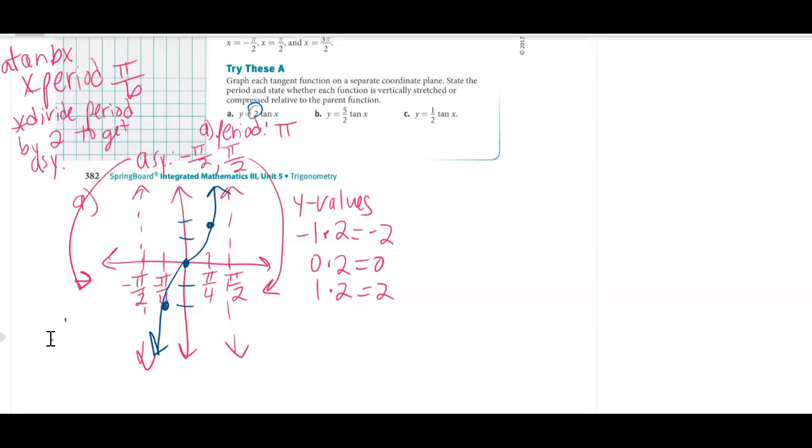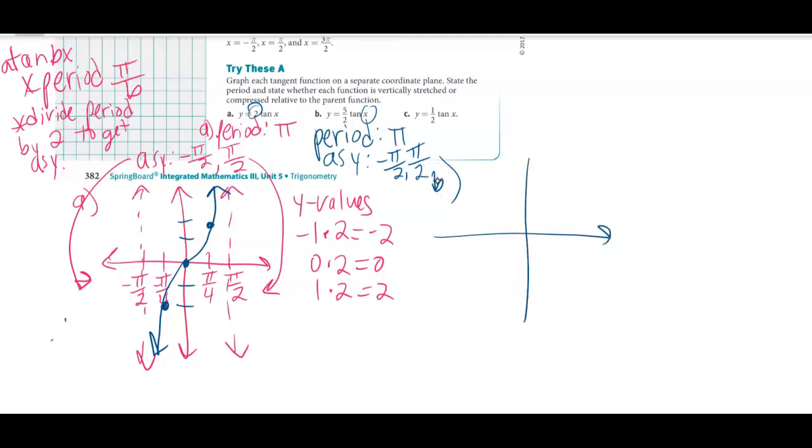So let's try B. So that period again is pi, because there is no coefficient in front of x. So that asymptote would be negative pi over 2, positive pi over 2. It's a very similar start here. Making 2 marks left, 2 marks right. Those are my asymptotes.